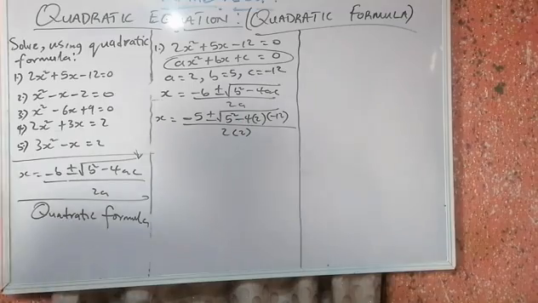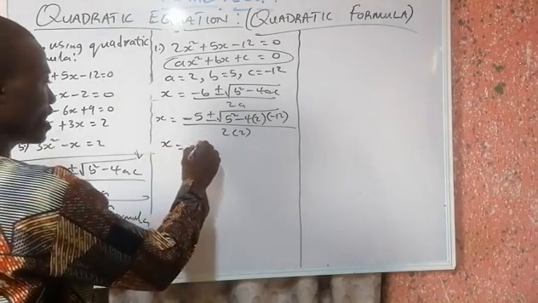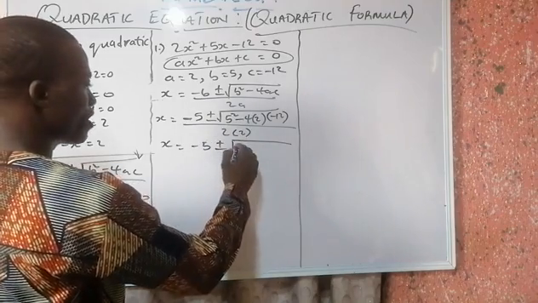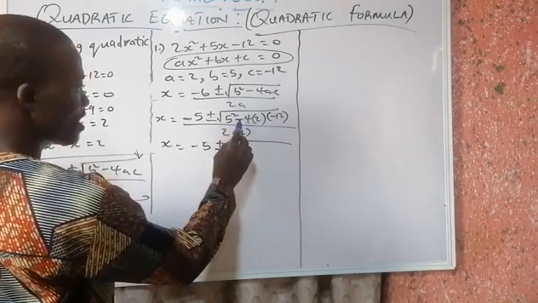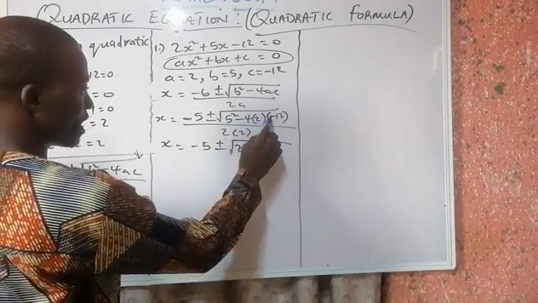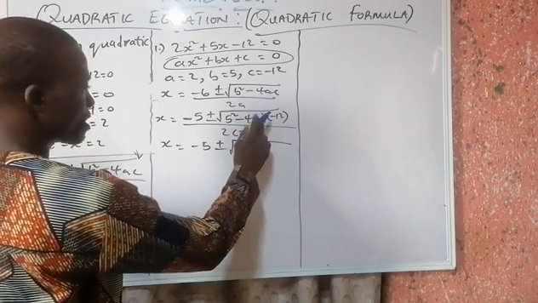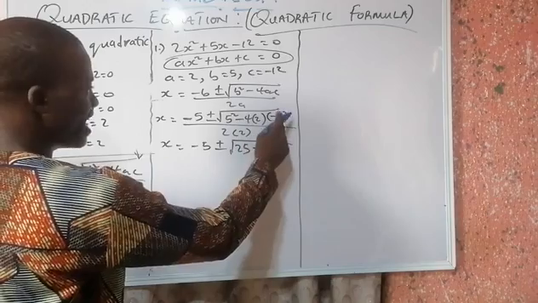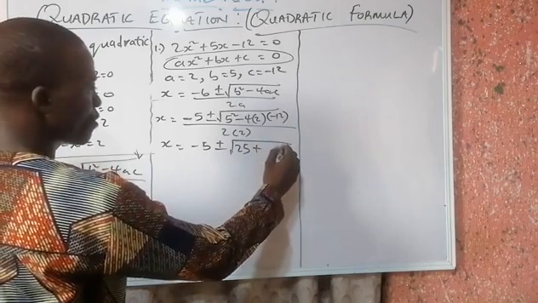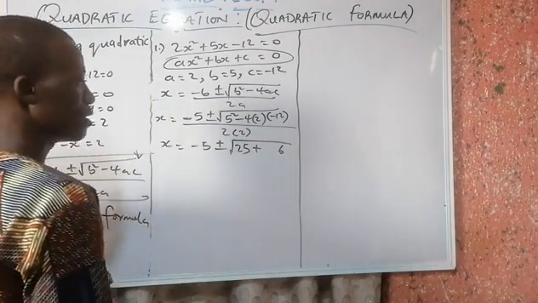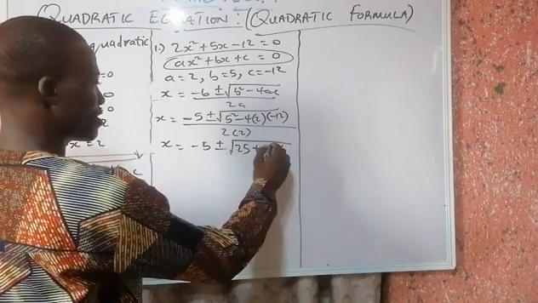That's all. And then we take it down, minus 5 plus or minus root of 5 squared here will give me 25. This minus 4 times 2 times minus 12. Minus times minus is plus. 4 times 2 will give me 8. 8 times 12 is 96.